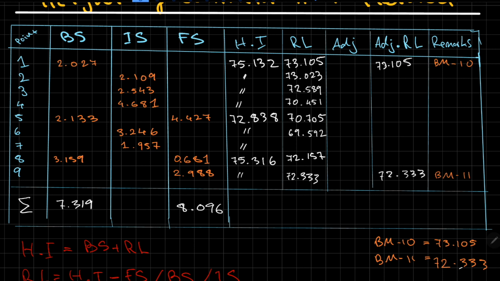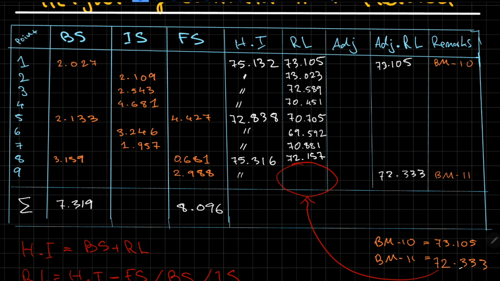Next one, we're going to get 70.881. Okay, next two are already calculated for us. So we are actually going to do a double check on this, because this is the data from benchmark 11, but we did not calculate this.